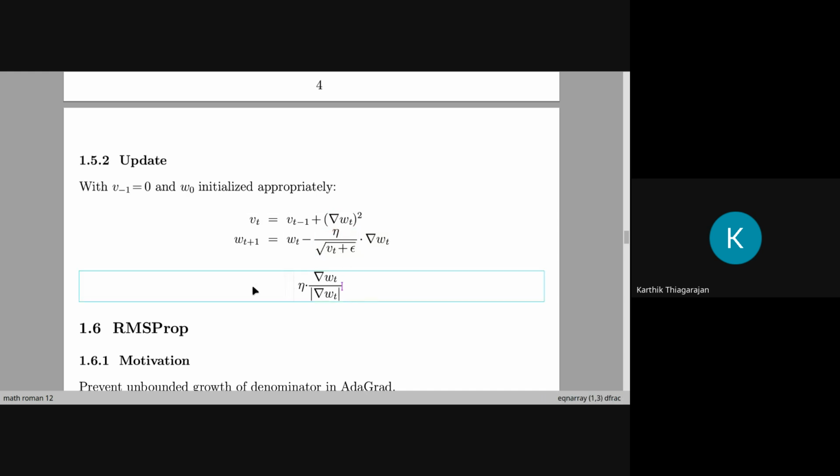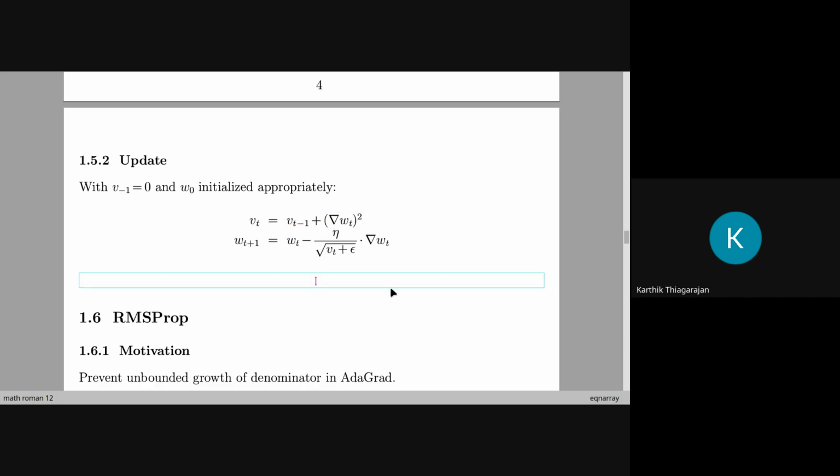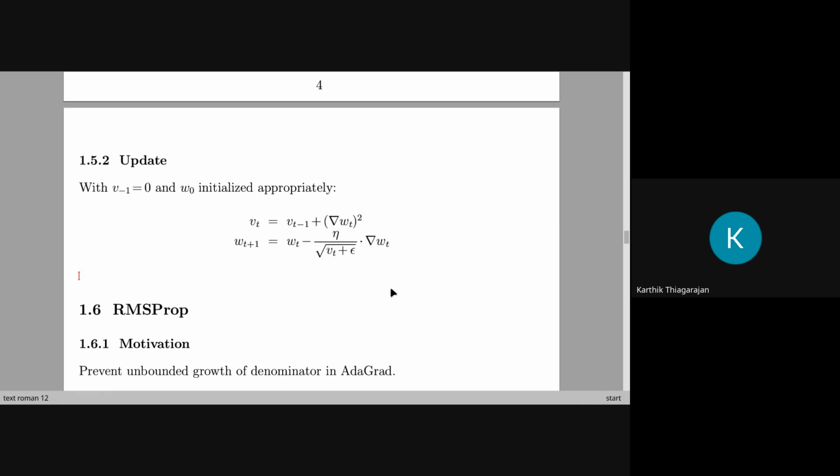But then this throws away the whole adaptive part, right? You are not really adapting. The adaptive part comes because you are maintaining a history, as opposed to just introducing the square of the gradients. If you want to bring in the adaptive nature, you need a history. Otherwise, the adaptive part is gone. But you understand why the square root is added.